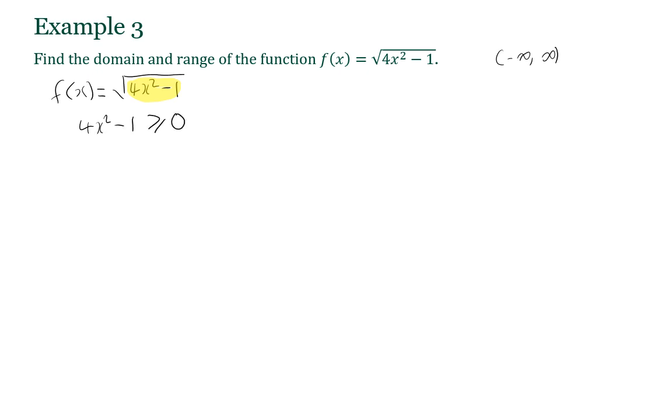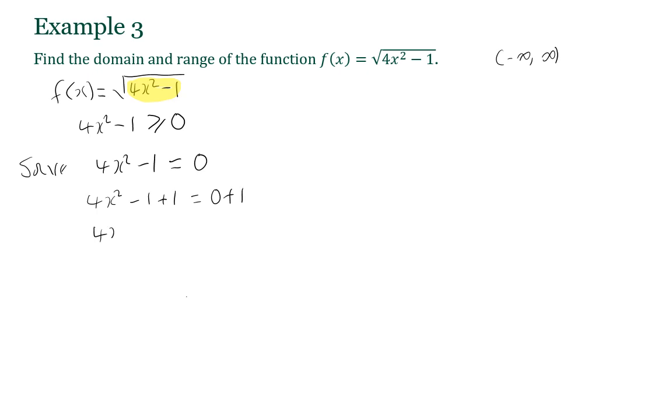To solve this, remember how we solve it in the inequality. What we have to do first is to assume 4x squared minus 1 is equal to 0 and solve this. Since we want to find x, we just add 1 to both sides, and this will be 0 plus 1.